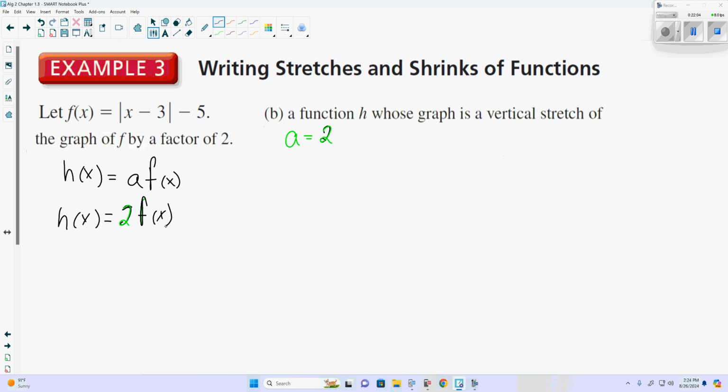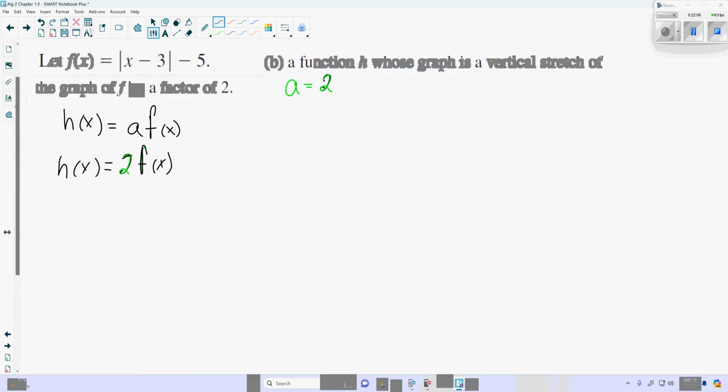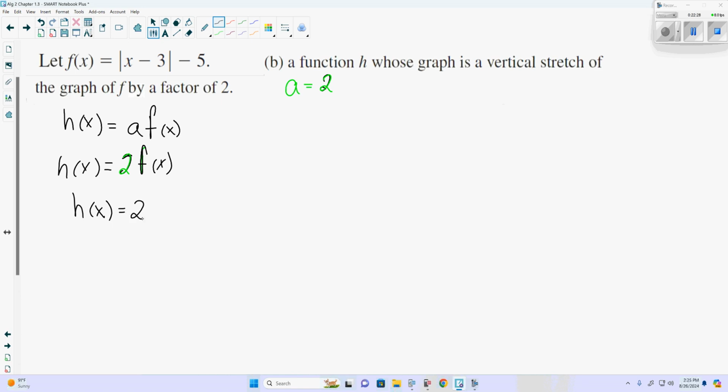Questions on this here? Okay. Now we still have the function f of x, yes? Just like with reflection across the x-axis, we're just going to replace f of x with its function. So we're going to have 2 times parentheses, absolute value of x minus 3, minus 5.